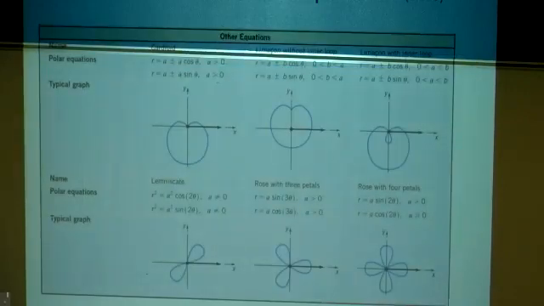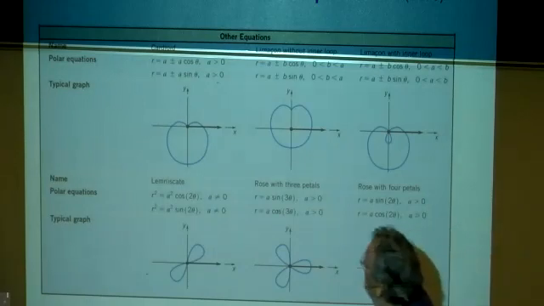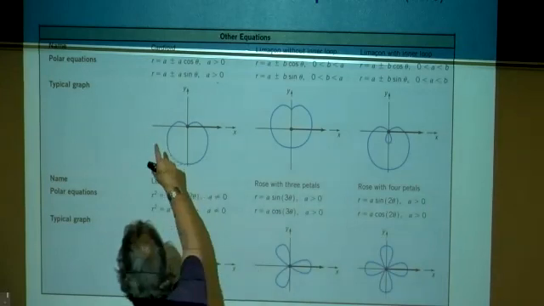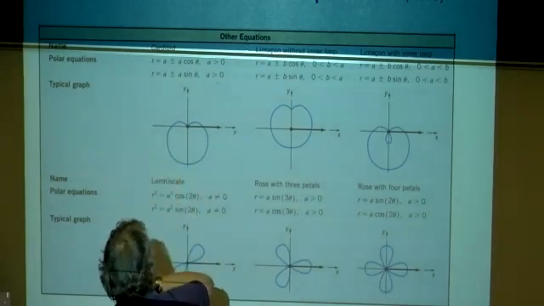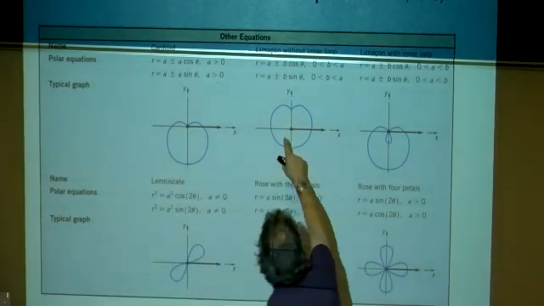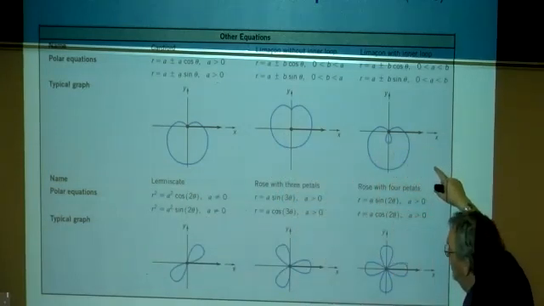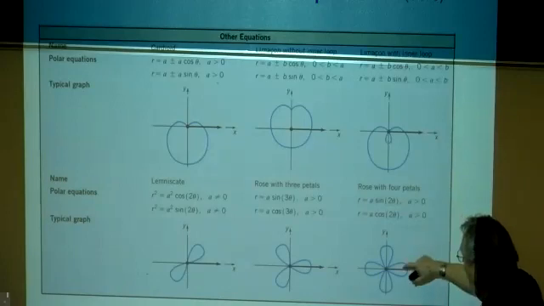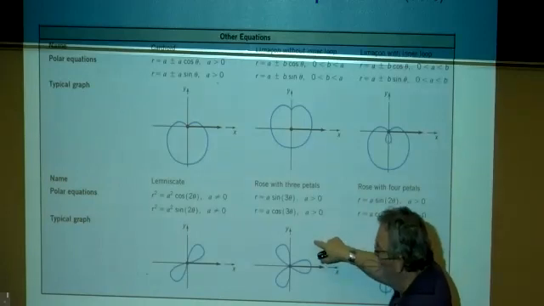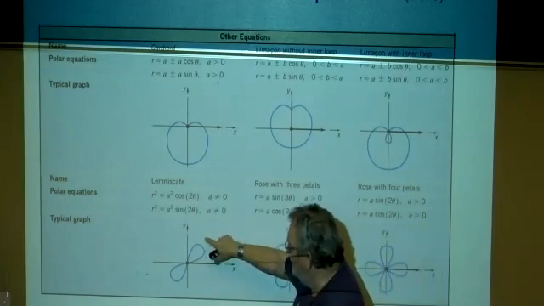And then we have the cardioids, the limaçons without an inner loop, the limaçons with an inner loop. Here we have a 4-petaled rose, a 3-petaled rose, and here we have the lemniscate.